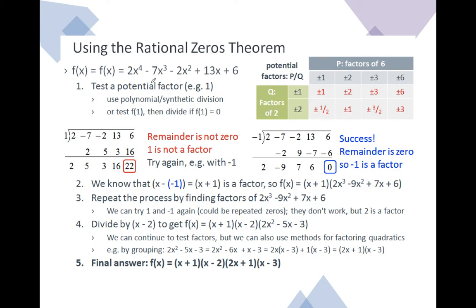Real 0 means, let's say x minus 1 is a factor, then real 0 is 1, f of 1 is equal to 0. If you put it back in the question, it will always become 0. So this is the check we are doing here.